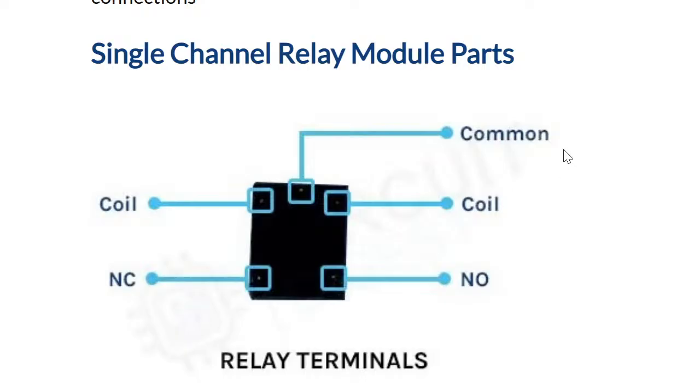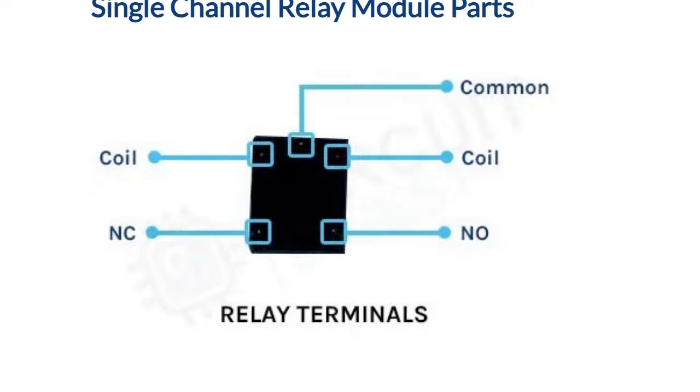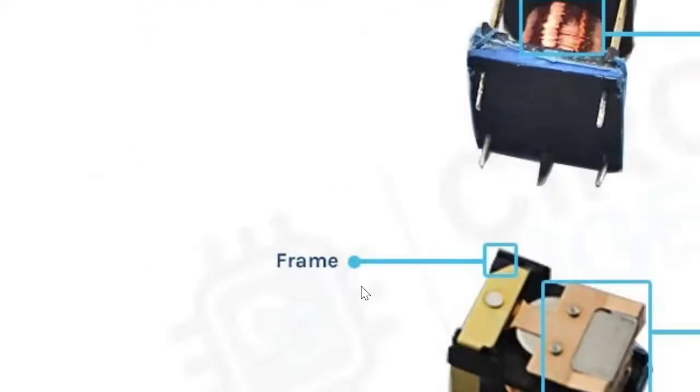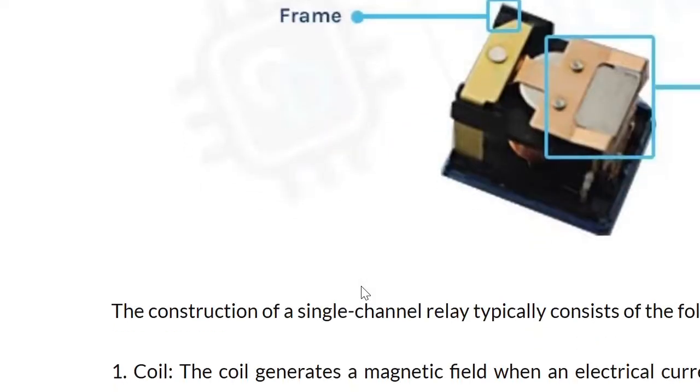When you apply DC voltage across these coil terminals, a small electric current passes through the internal coil, and due to this current a magnetic field is produced. This magnetic field can turn on the internal switch, which can be either normally open or normally closed.